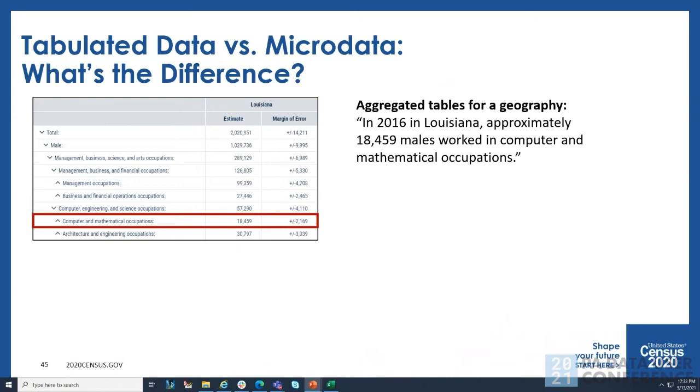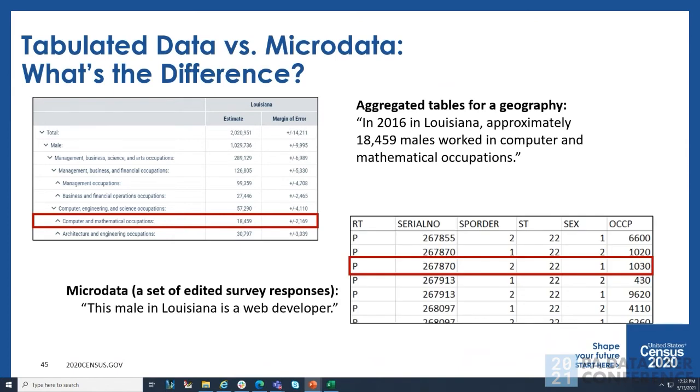But that doesn't help if I really want to know about web developers. So this allows you to drill down into the microdata at a higher geographic level, like state, to get into more detailed things like occupation.